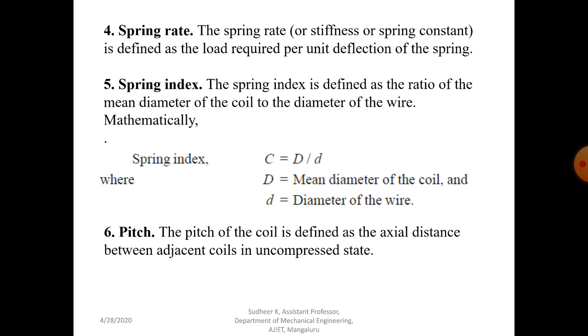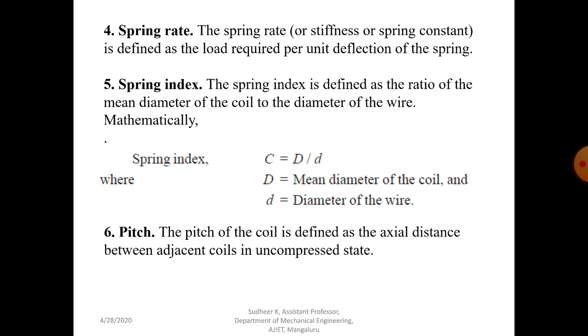Then coming to the fourth one, spring rate. Spring rate is nothing but stiffness, or we call it spring constant. It is defined as the load required per unit deflection of the spring. So that is nothing but stiffness, load per unit deflection.